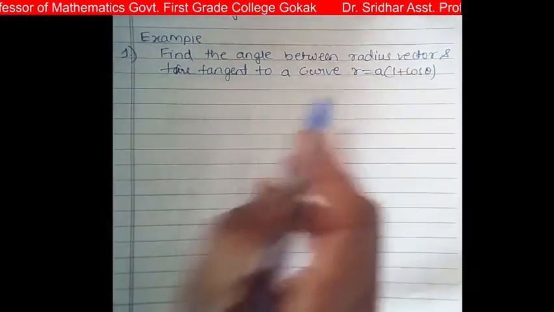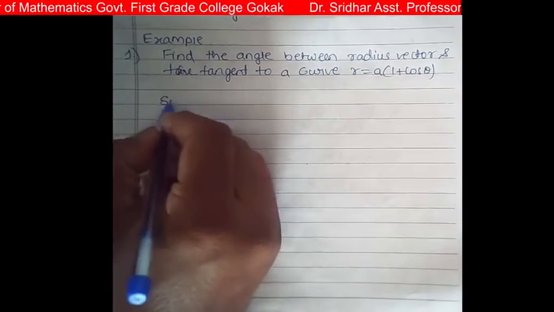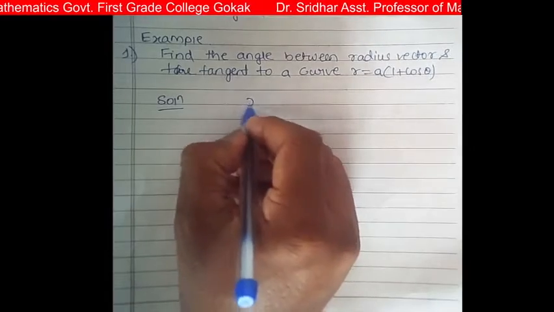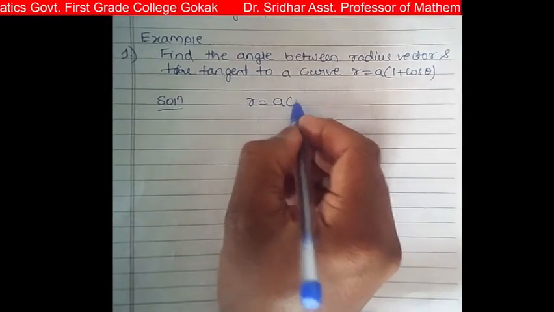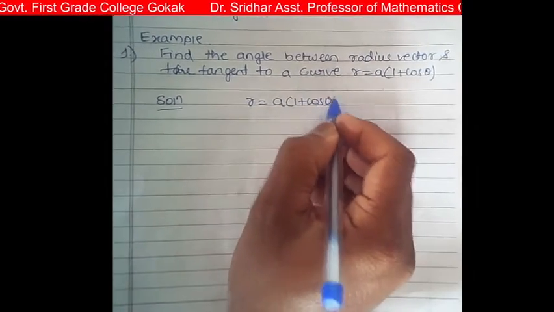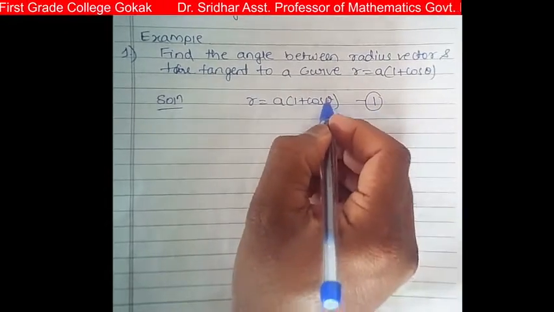So this is the given problem. Now we find the solution for this. Write r is given as a into 1 plus cos theta. Call this equation 1.